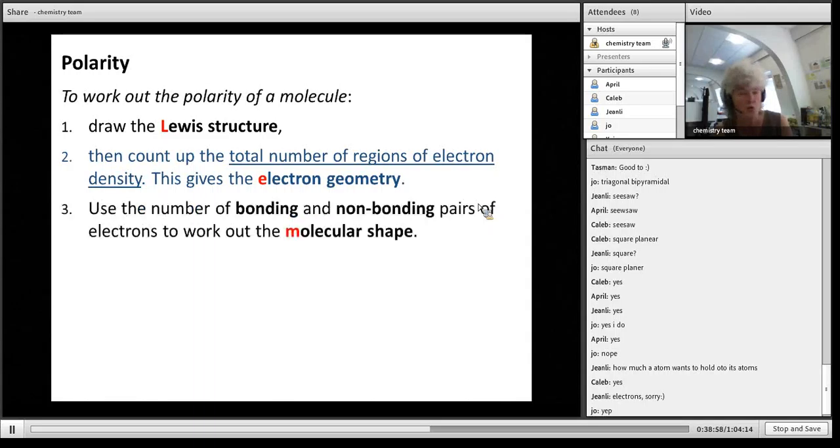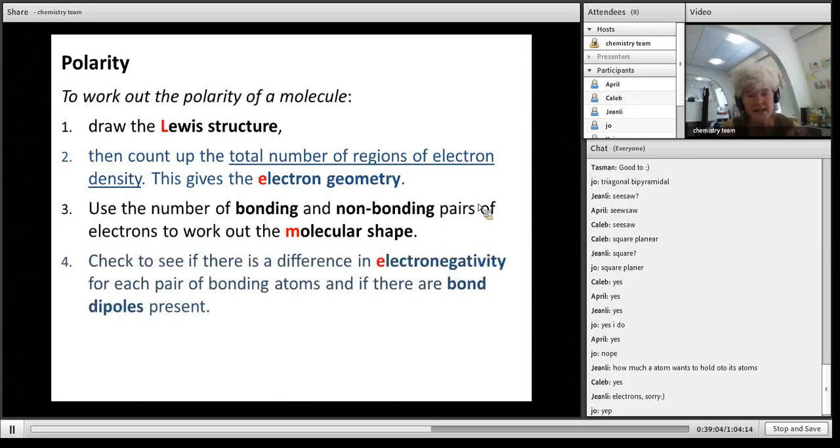This is very important. And then you work out, is there a difference in electronegativity in the bonding atoms? So with H and F, there was a difference. But if I had F and F as F2, there is no difference in electronegativity. So there would be equal sharing of electrons.